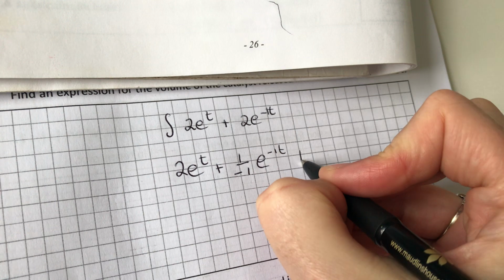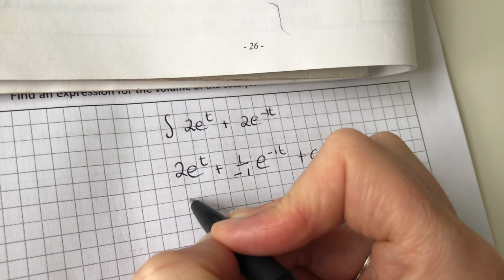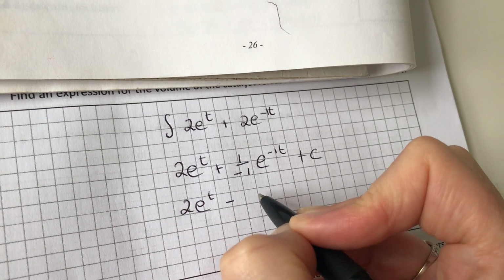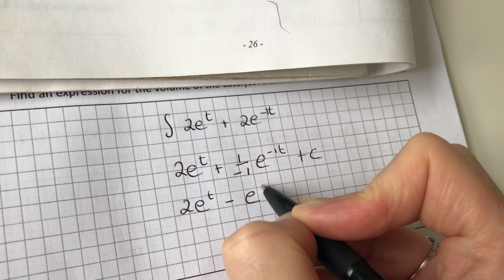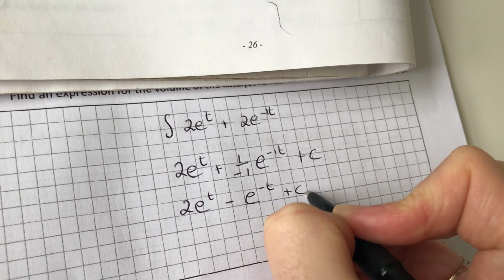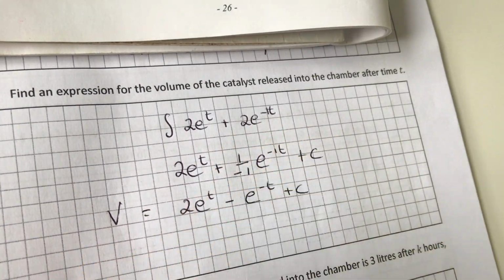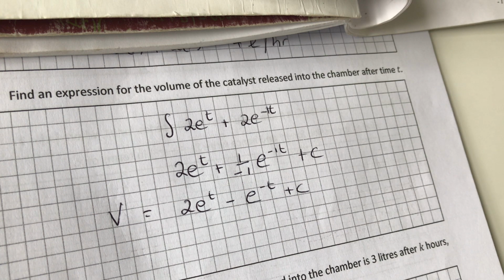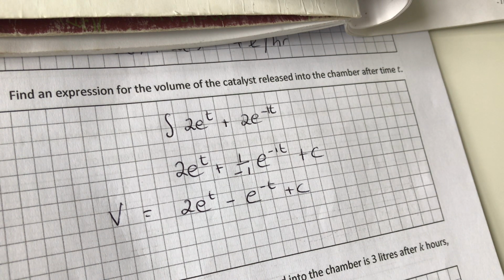Clean that up. Now plus c, and you have 2 e to the t minus e to the minus t plus c. That's my not so perfect formula for volume. And if we can, we are going to try and figure out what c is.